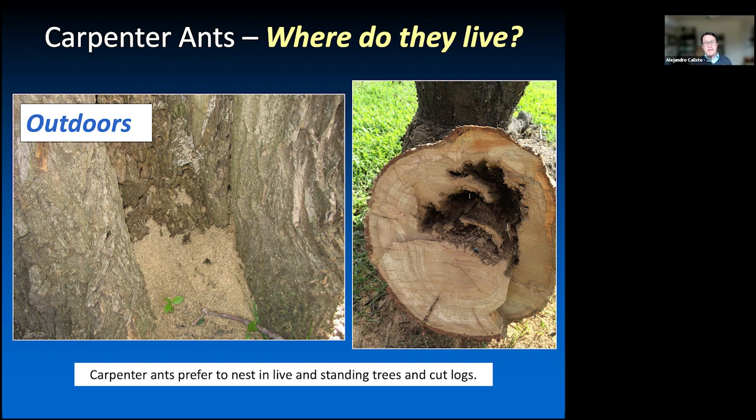One indication that you have carpenter ants is this dust being produced. That means they're making tunnels and chambers inside the tree. And this is just a section of that trunk, and you can see all the work they've been doing inside, making the chambers and the tunnels.